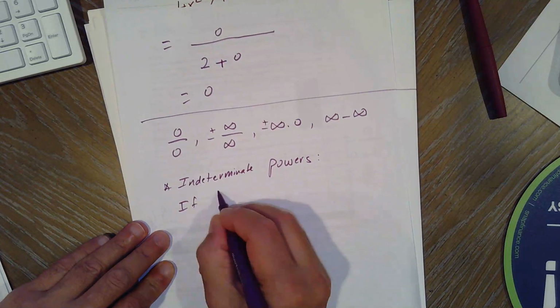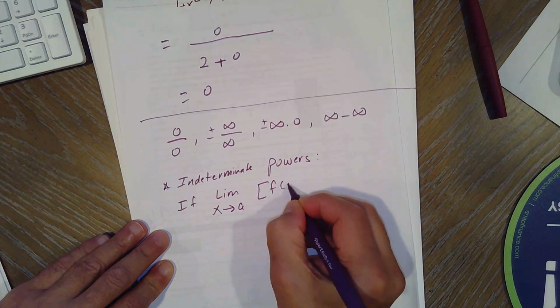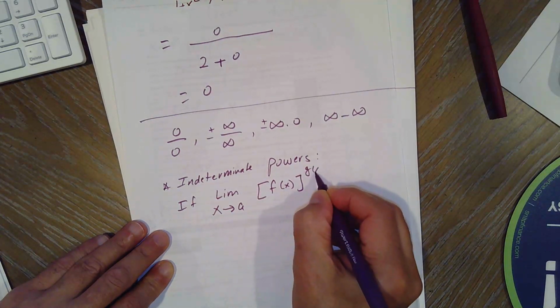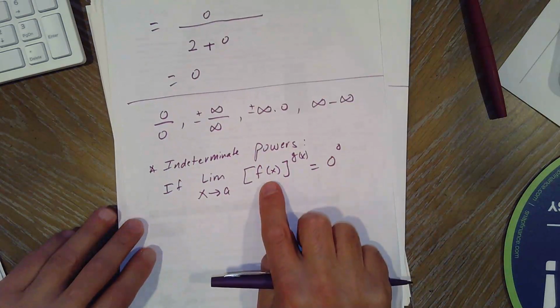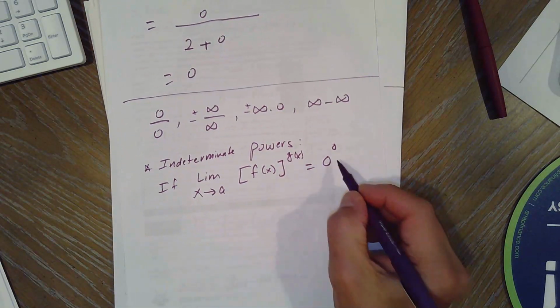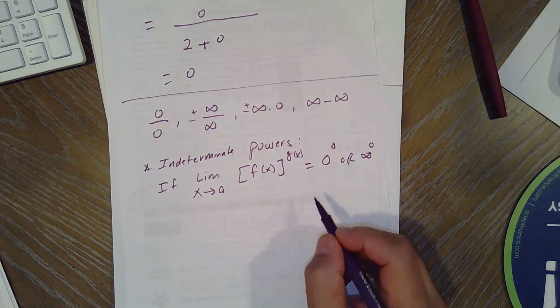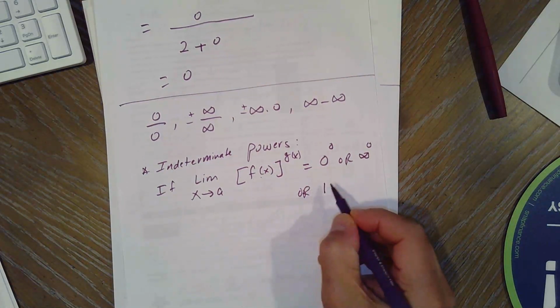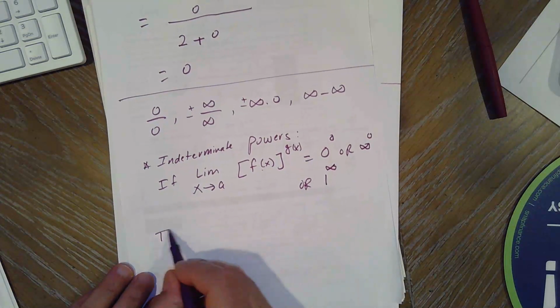So if the limit as x goes to a, f of x to the power g of x equals 0 to the power 0, so if both limits are 0, or the base is infinity and the exponent is 0, or the base is 1 and the exponent is infinity, then how do we fix this?